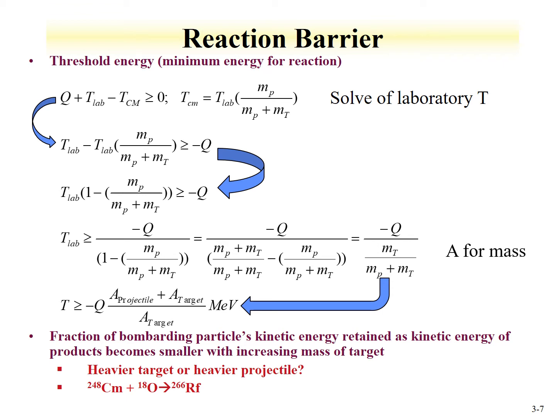And we come up with this very simplified equation where this threshold energy, this minimum energy for the reaction, has to be equal to the opposite of the Q value times the mass of the projectile plus mass of the target divided by the target mass. So you can use this to evaluate should we use a heavier target or a heavier projectile. And as we discussed earlier, by inspection we could see that we prefer to use a heavier target if possible.